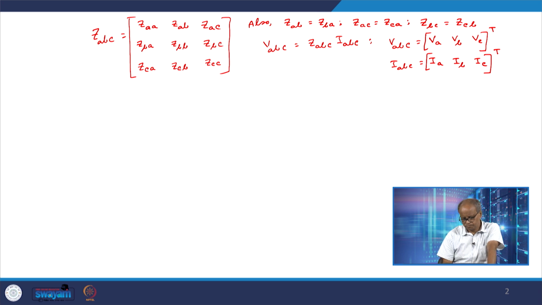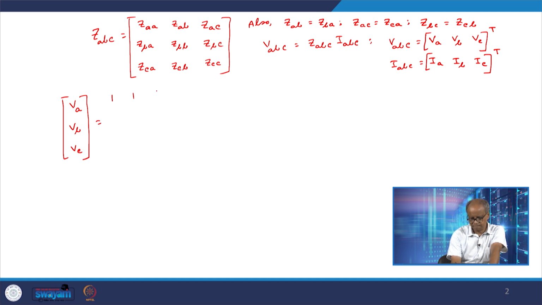Now, we know that from the ABC domain I can transfer to the sequence domain by this matrix. This is VA0, VA1, VA2.